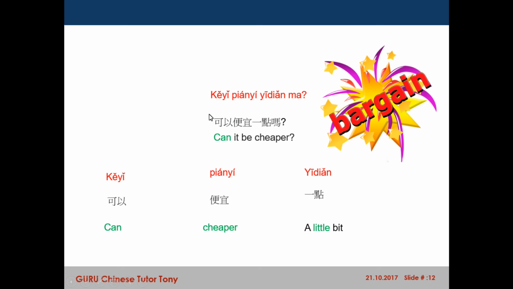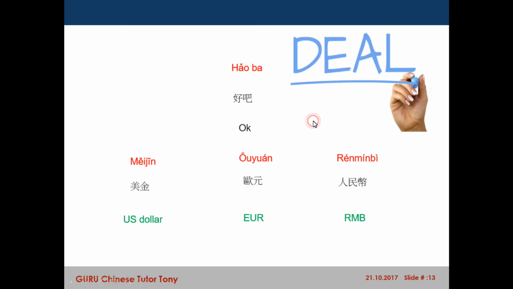Can it be cheaper? Okay, so the vendor finally, reluctantly, says 好吧. 吧 is just like a sound, a particle, just the tone, like you say okay, why not? A little bit unwilling to say yes. So 好吧, okay.